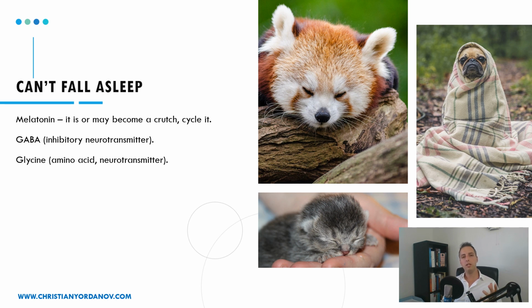Glycine, which is an amino acid and also acts like a neurotransmitter. So it's a simple amino acid. Amino acids are the building blocks of proteins, as you may know. And glycine is, again, an inhibitory amino acid, and it can also help with getting to sleep and sleeping deeper and things like that.